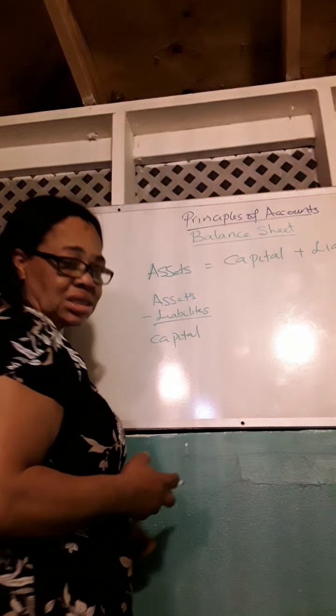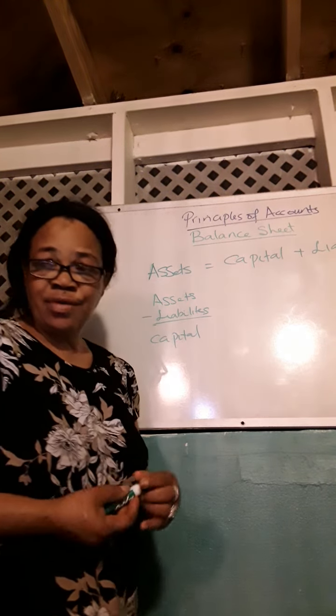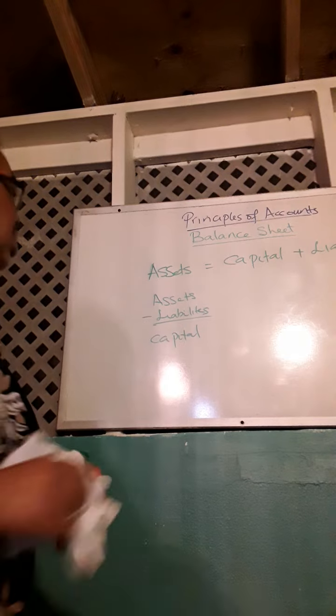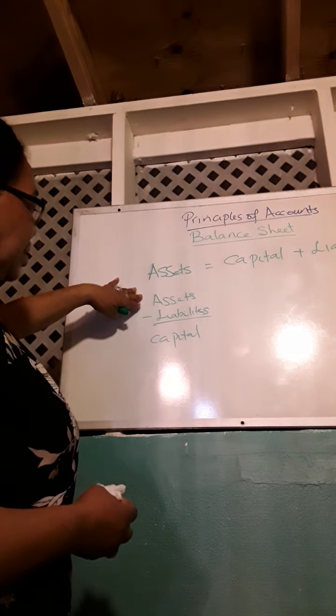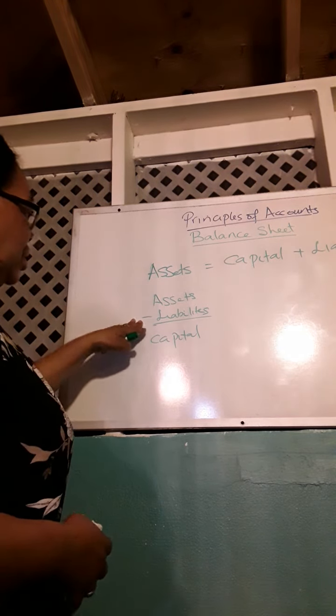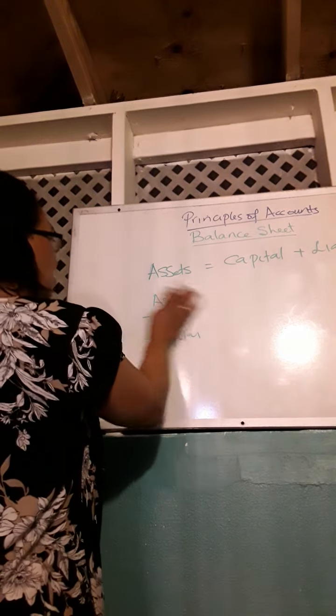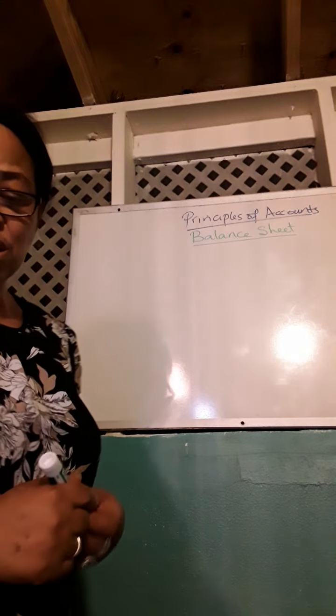And the balance sheet is in that same format. When we're doing our balance sheet, my assets minus my liabilities is supposed to give me my capital. So, in setting up my balance sheet, I'm really now doing an account.